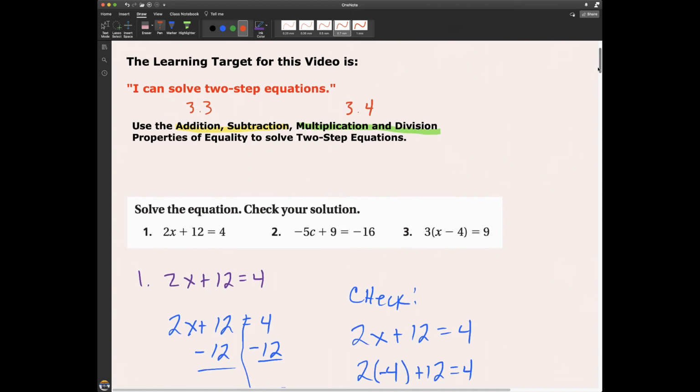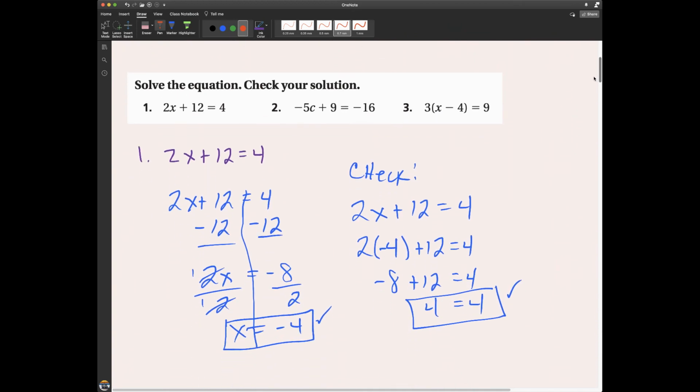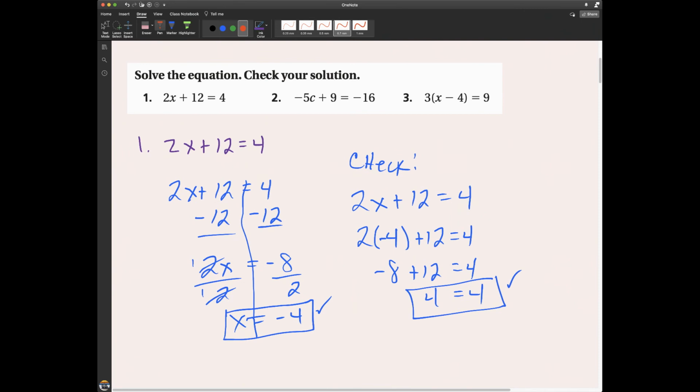Okay, so let's look at one of these examples. For number one, I wrote the equation down, and I look at the equation, and I want to get x all by itself. So what do I do first?